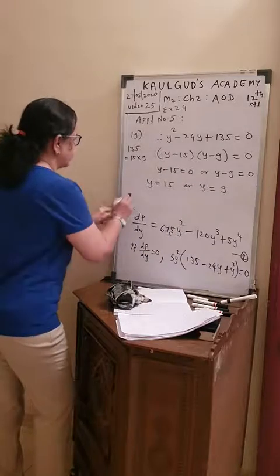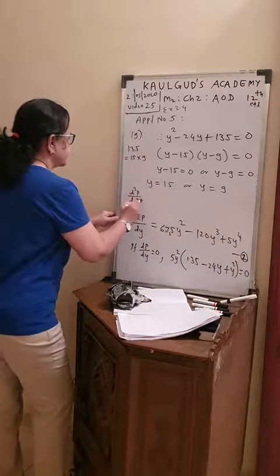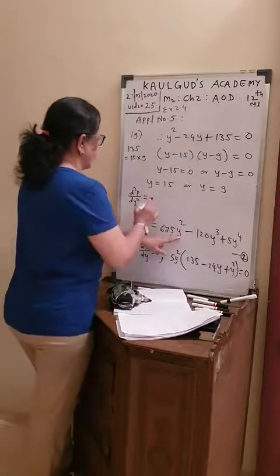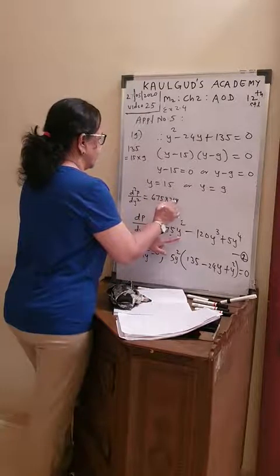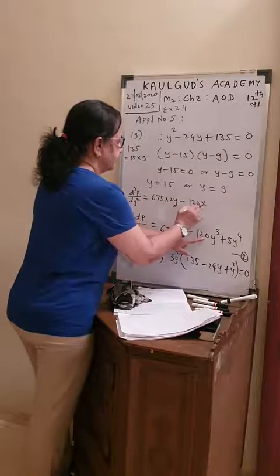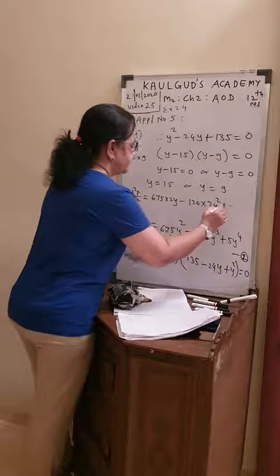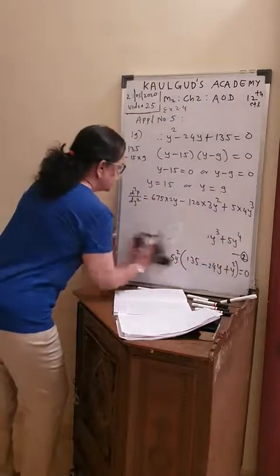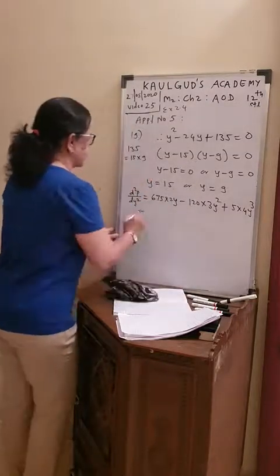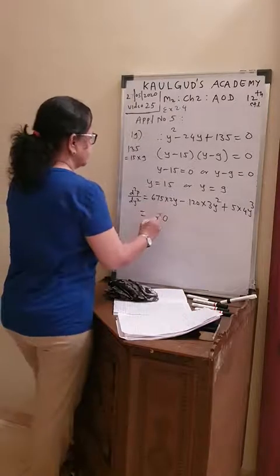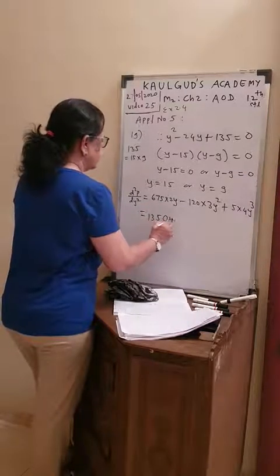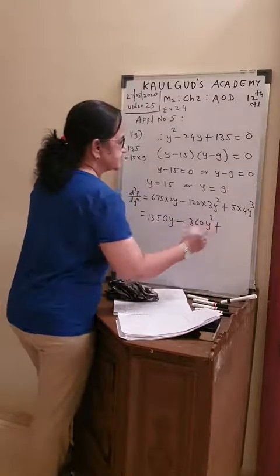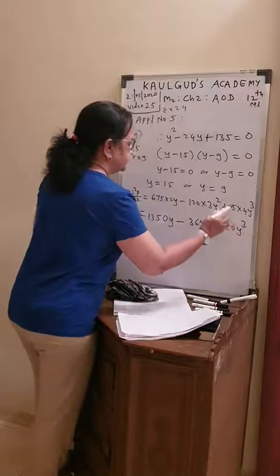Now what is the second derivative? d2p by dy square. Check. Go back to equation 2 and take one more derivative. 675 into 2y, minus 120 into 3y square, and plus 5 into 4y cube. Y raised to 4 gives 4y cube. So what is d2p by dy square coming out? 675 into 2 is 1350y, minus 120 into 3, 360y square, plus 5 into 4, 20y cube.